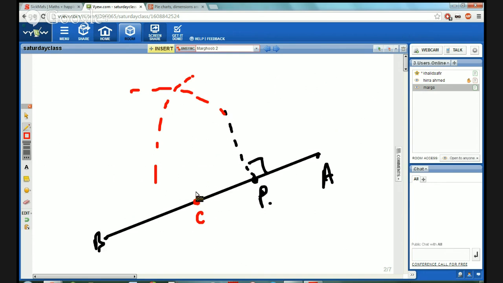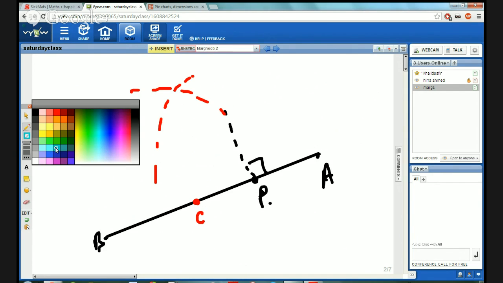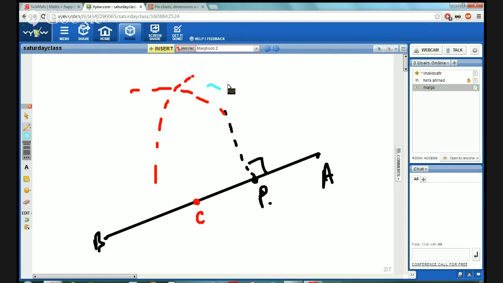And then you make it a bit bigger now. Let's change color. Basically, you open up some more than the length you had before, but not too long.